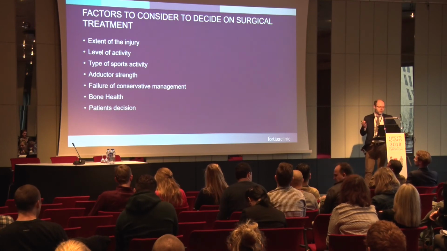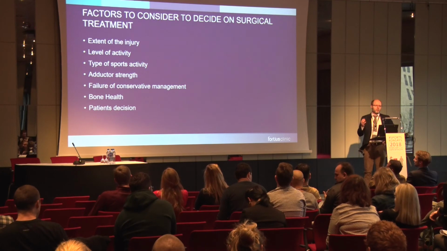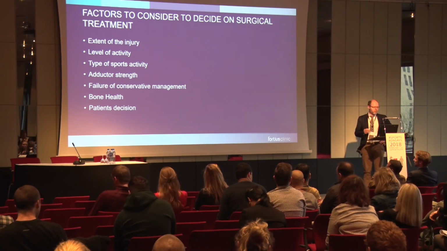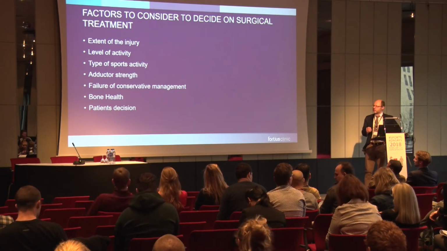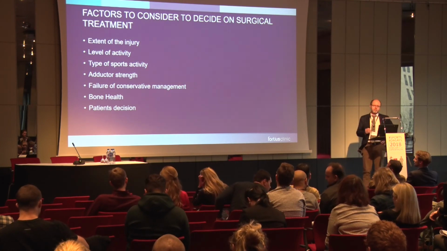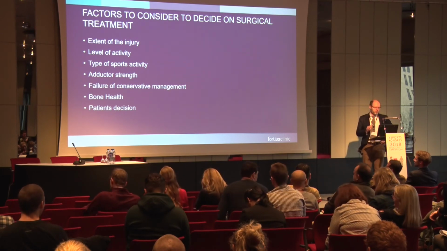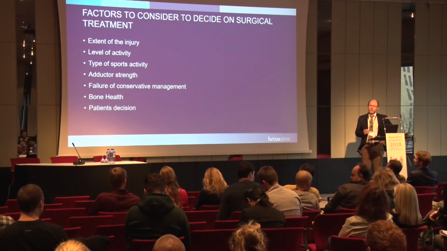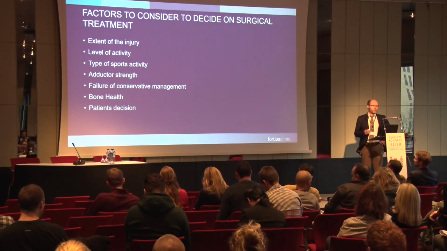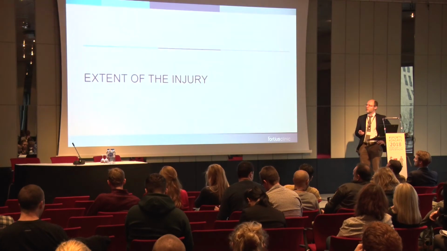If you play football, then obviously kicking is very important. Therefore, you need to look at your adductor strength on initial presentation. You need to think about why conservative management fails, and you have to analyze this. And we have to think about bone health as well, which is very important. And obviously, you need to involve your patient in the decision which way you want to go.